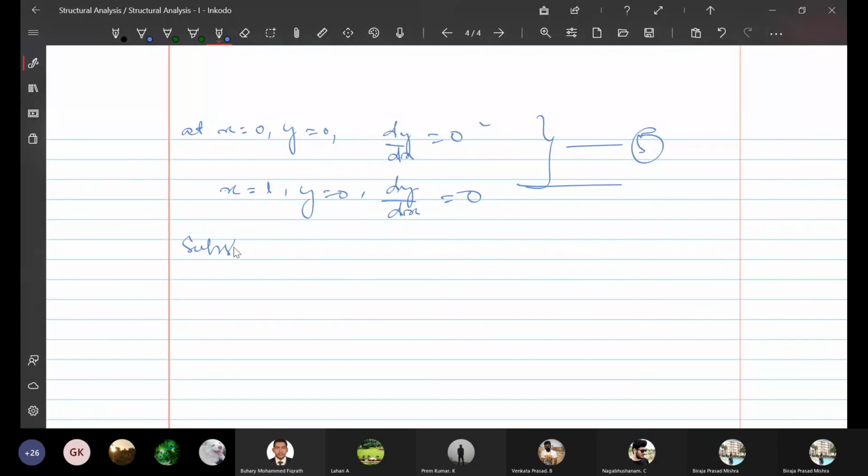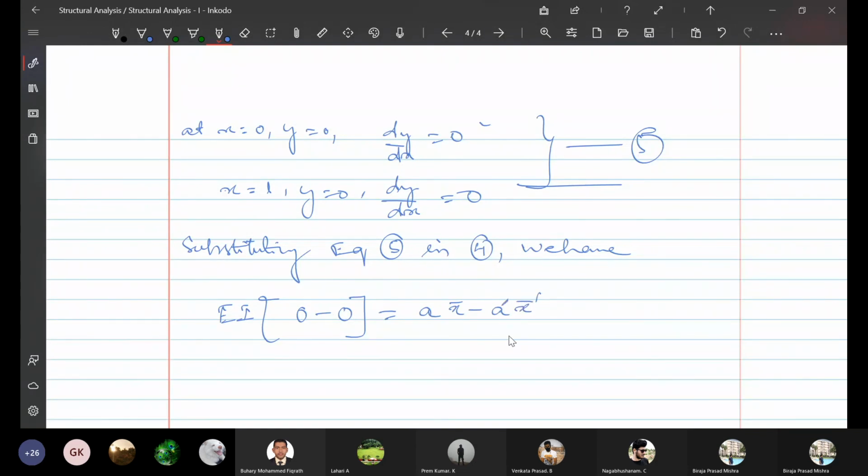So substituting equation 5 in 4, we have EI into 0 minus y, which is also 0, equals A x bar minus A bar x dash bar.